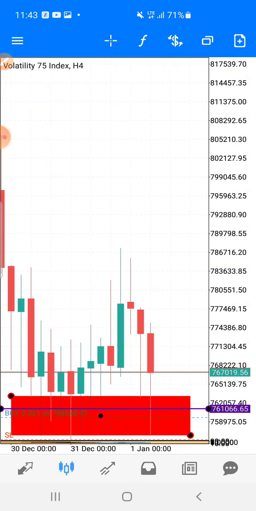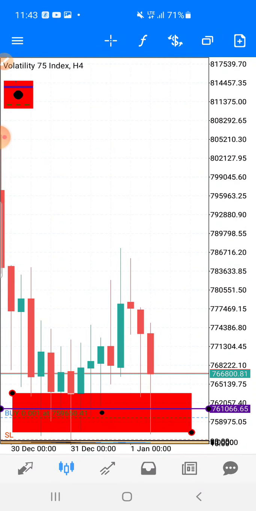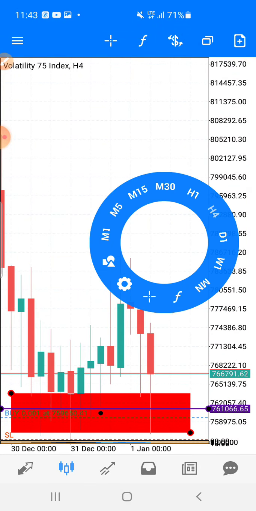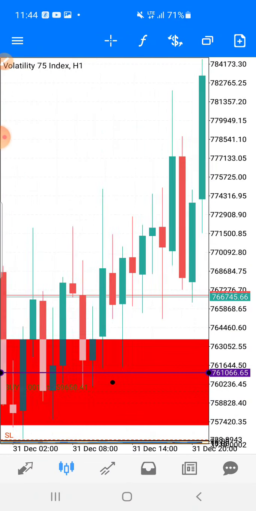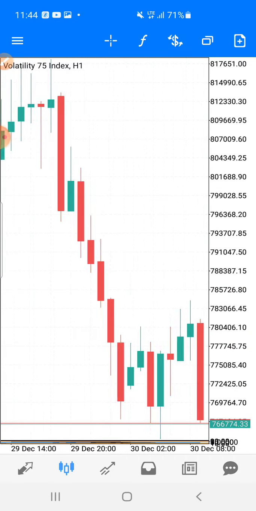After checking this on the 4-hour time frame, you can now check the 1 hour time frame to confirm this. If you check the 1 hour time frame, you can see that this is still a support zone.